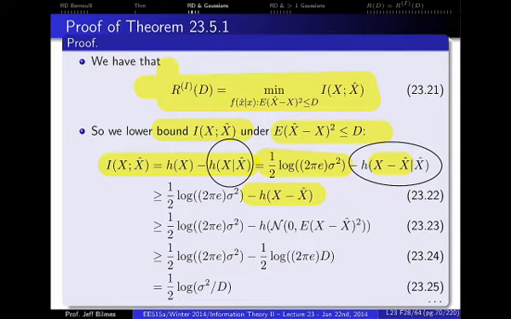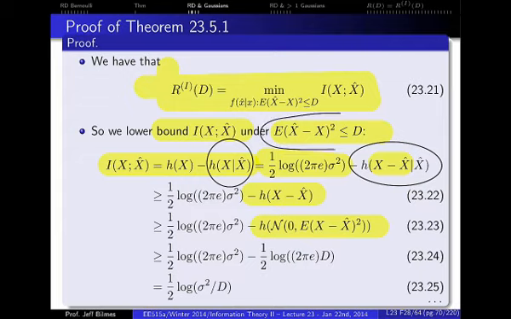Okay. Fine with that. Next, we have that a Gaussian is the distribution with a max entropy for a given variance, and the variance of a source of x minus x hat is going to be the expected value of x minus x hat squared, because they're both zero mean. But then we said, oh, we're assuming the distortion constraint.